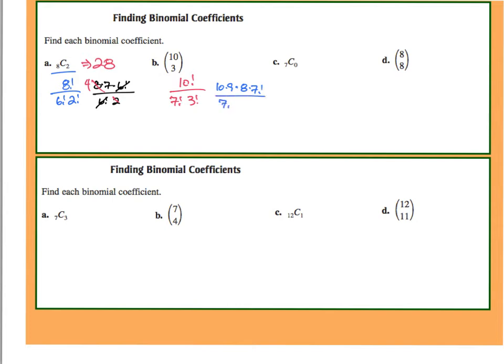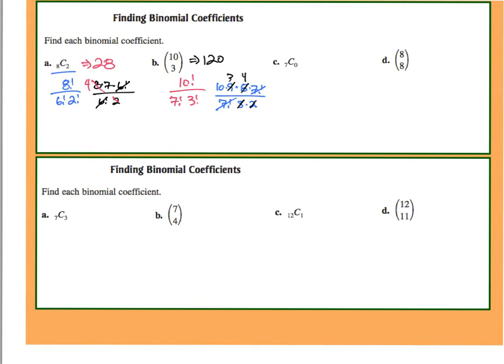And then my 7 factorials cancel. I still have 3 factorial, which is just 3 times 2. If I were to do this by hand, 9 divided by 3 is 3, so I have a 3 up there. 8 divided by 2 is a 4. And so 10 times 3 times 4 is 120.